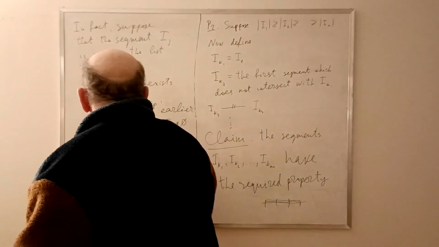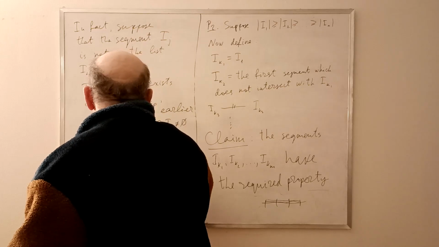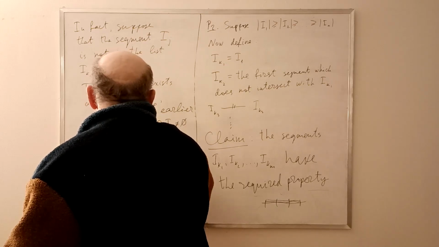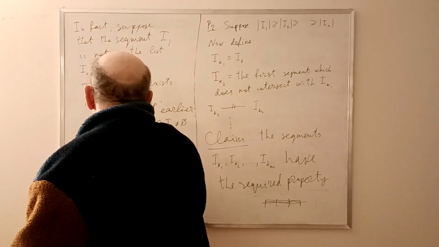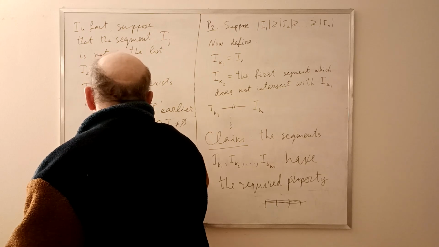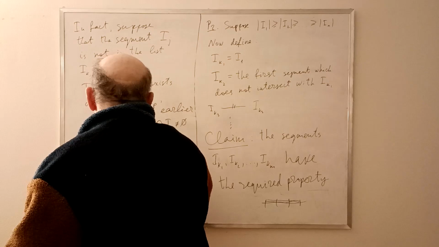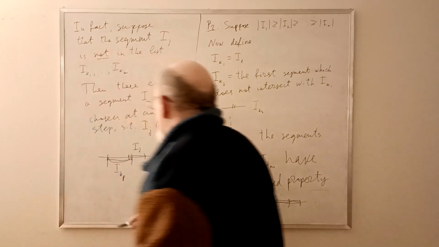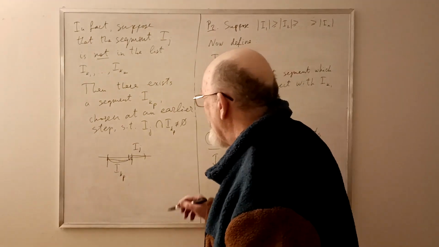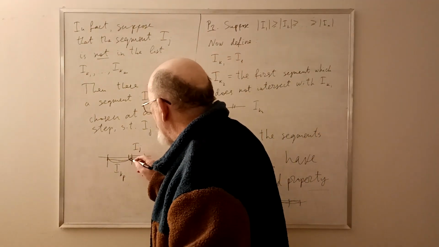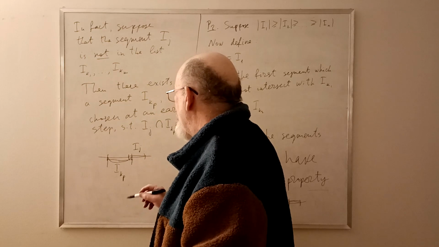So we have the picture. This is our Ij, and this is the previously chosen segment I KP at step number P. And they have this non-zero intersection.